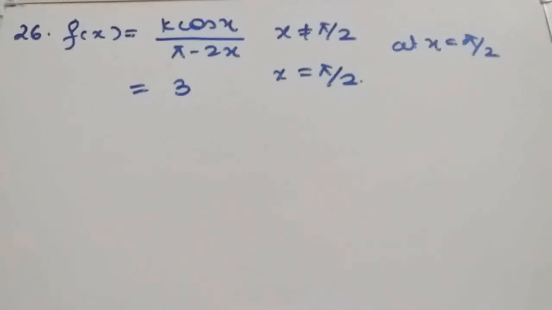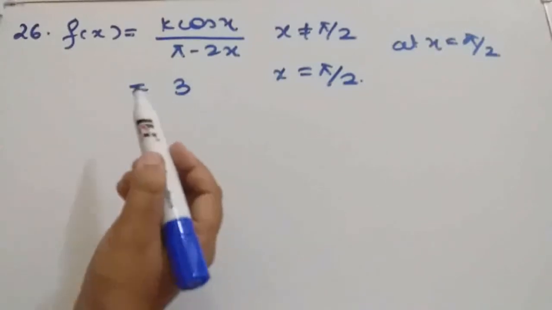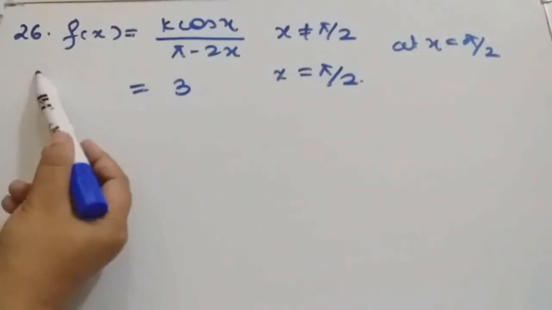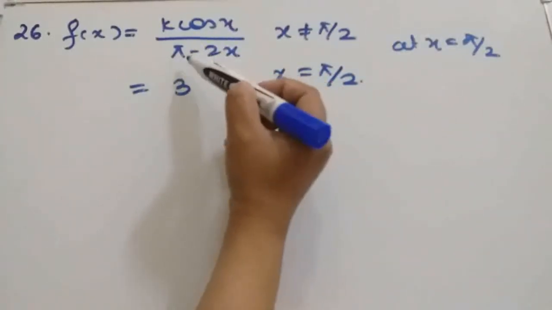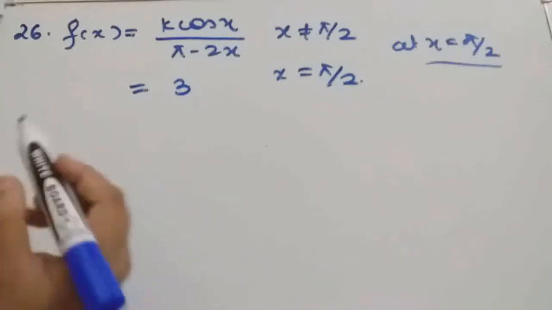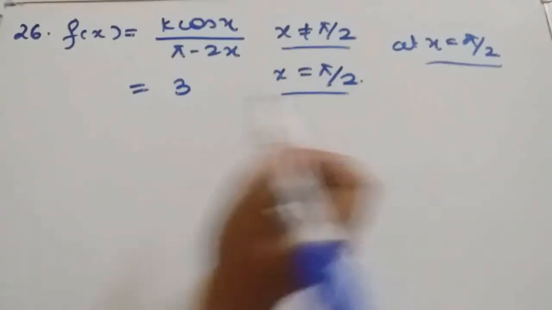Question number 26 is find the value of k if the function is continuous at the indicated point. For the first function, it is given that the function is continuous at x equal to pi by 2. If you observe the function, x is not equal to pi by 2, x equal to pi by 2.